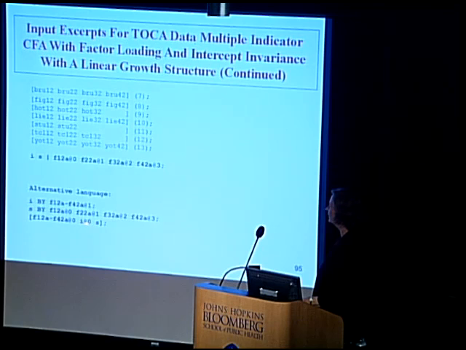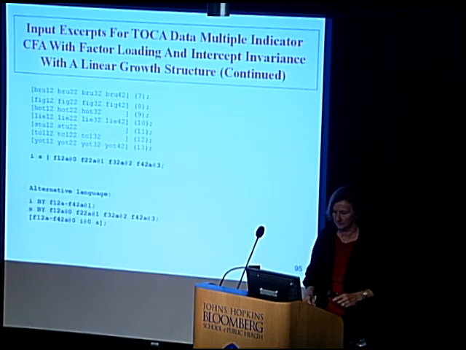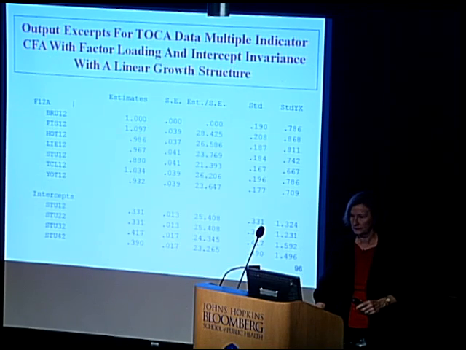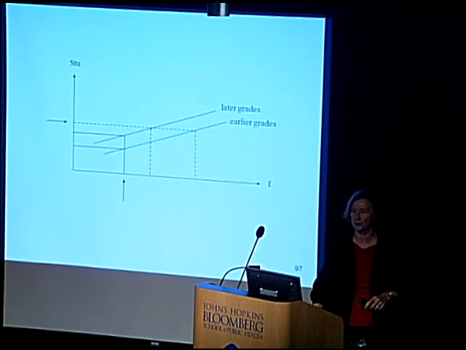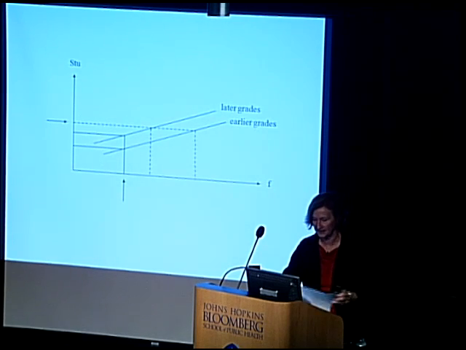And since we have the equality parameterization, the mean of I is at 0 and S is free. We don't have time, so we won't go through... well, maybe we should. Yeah, we'll talk about this, which actually shows the results.